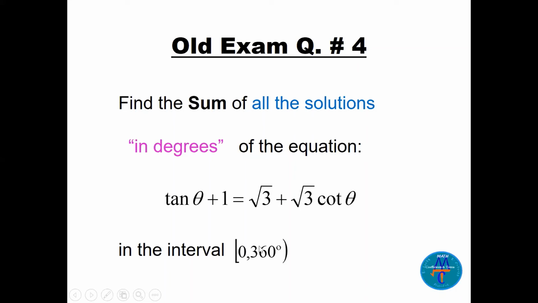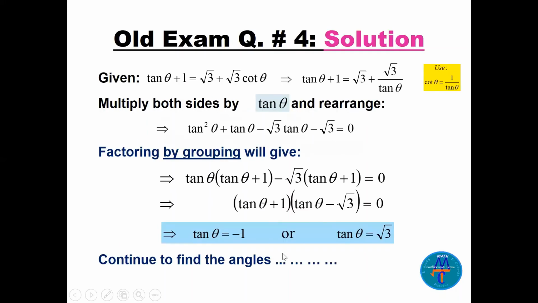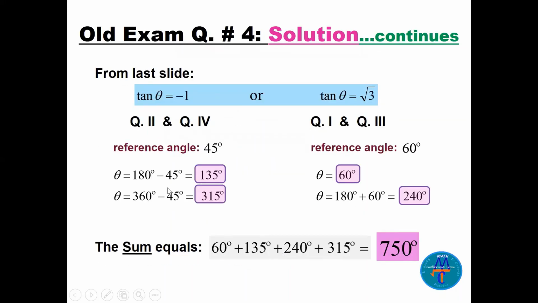We have to find all the angles in this specific interval. But if we need the general solution there, be careful here. If we need the general solution for this, we can say minus 45 plus K times 180, because the period for tan is pi or 180.